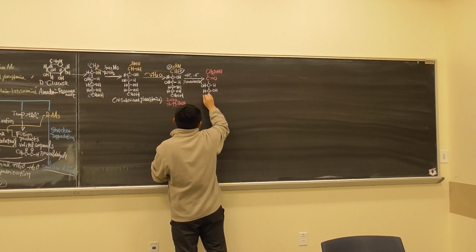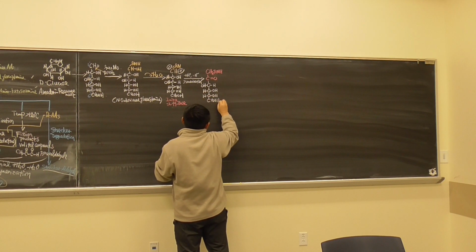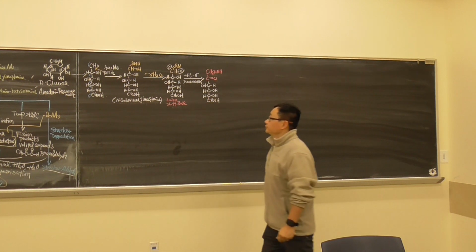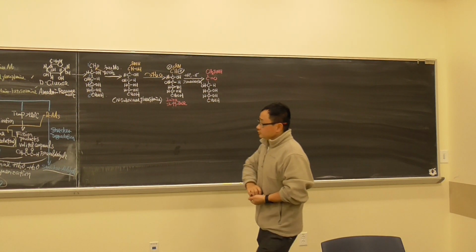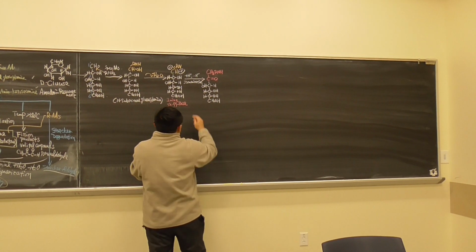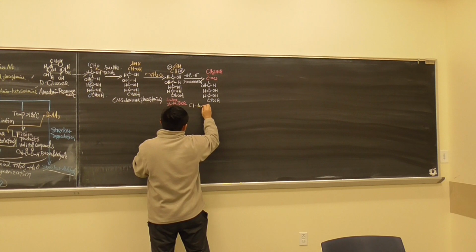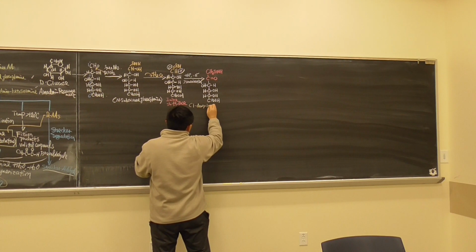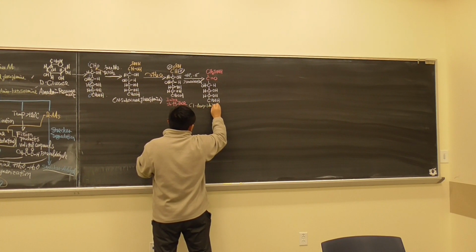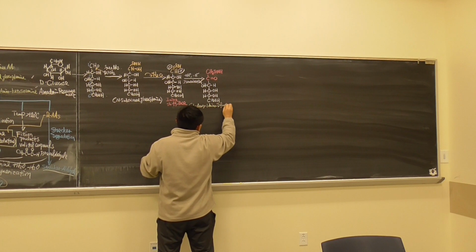Then go here, CH, OH. Then go here, CH2, OH. What is this one called? Right there. This is actually called 1-deoxy, 1-amino D-fructose.